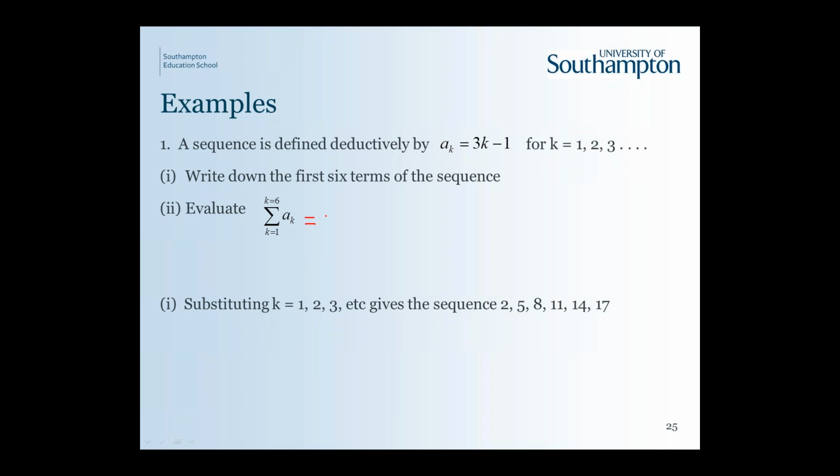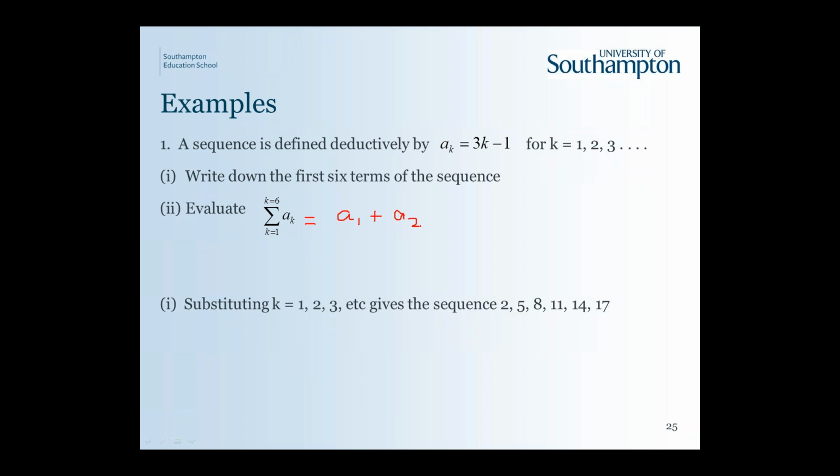So this means the total of A1, because you put in when K is 1. So you put this one in first, and you keep putting them in as the subscript until you reach the top one.